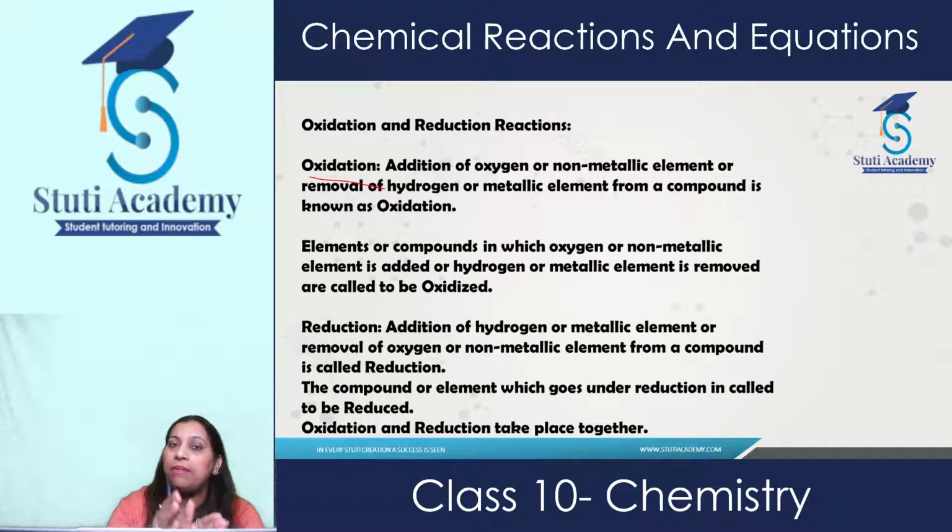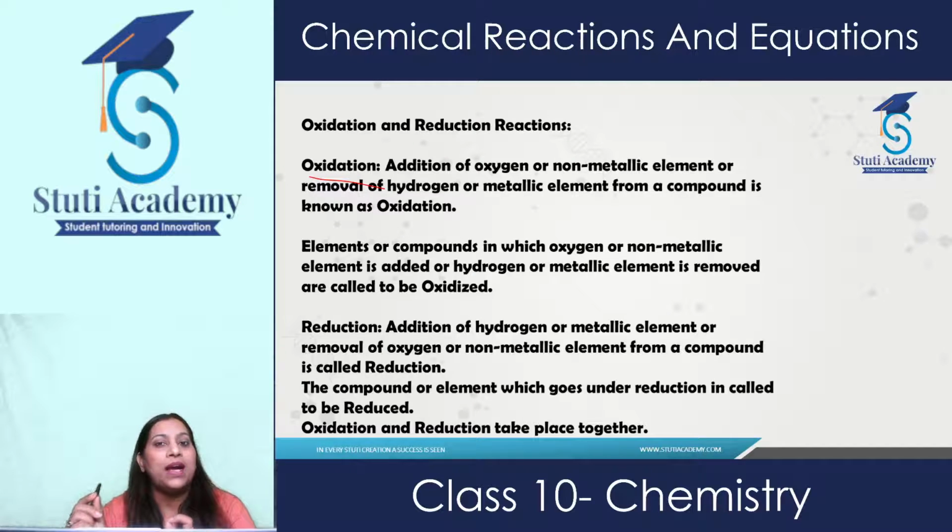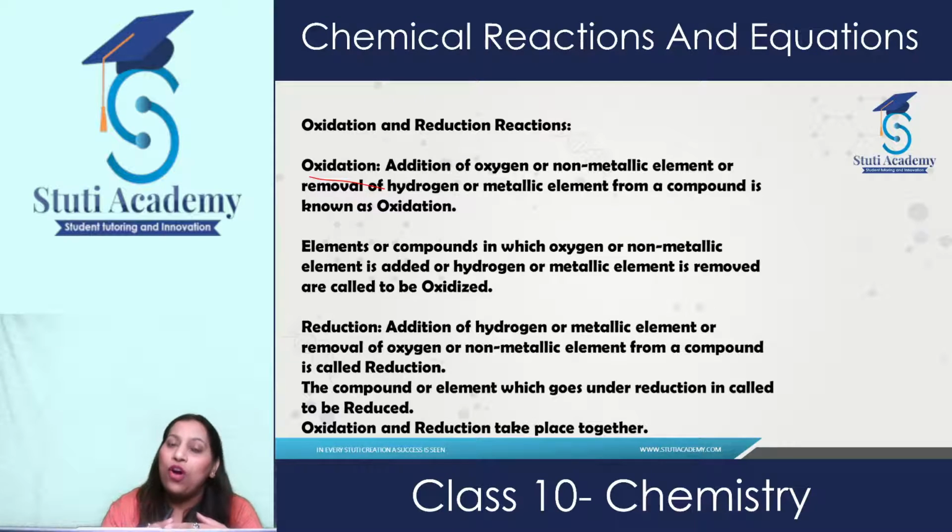First, I'll discuss what type of reactions they are and how we can define them. So, oxidation reaction can be defined as the reaction in which we add oxygen or remove hydrogen, or there is loss of electrons. So there are three conditions for the oxidation reaction, students: addition of oxygen, removal of hydrogen, or loss of electrons. These are the three conditions when an oxidation reaction takes place.